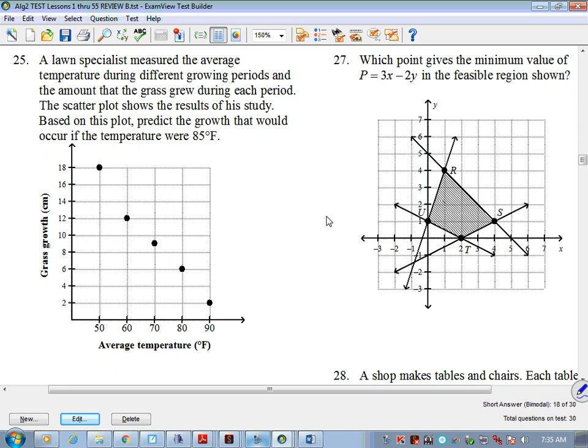So at 85 degrees, we're situated about here, somewhere between here and here. It's easy enough to approximate that between those two is this position. So we would say our growth would be approximately 4 centimeters. Okay, 4 centimeters is what we would write in there. It would be awfully close to that.